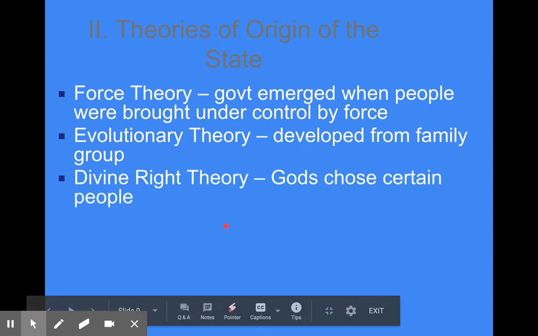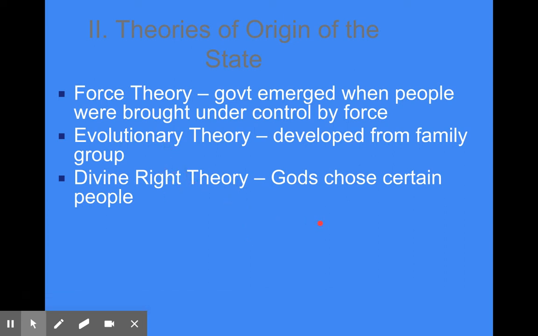Okay. There's also divine right theory. There could actually be a link here: evolutionary theory and divine right. So divine right theory is that God chose certain people, divinity, church, that they are ruling because God wants them to rule. But how do we know God wants them to rule? Well, they're ruling.